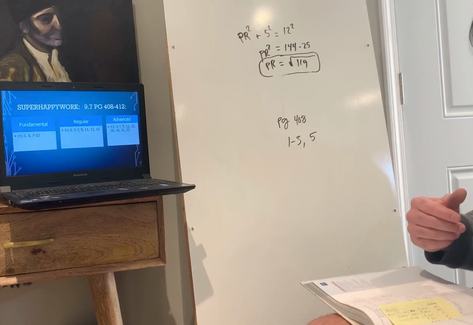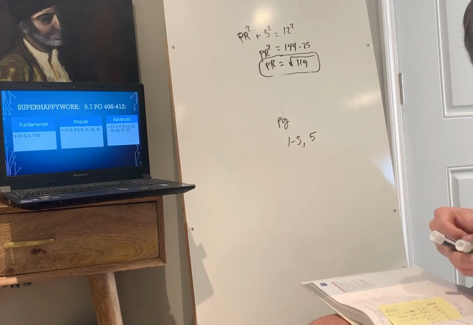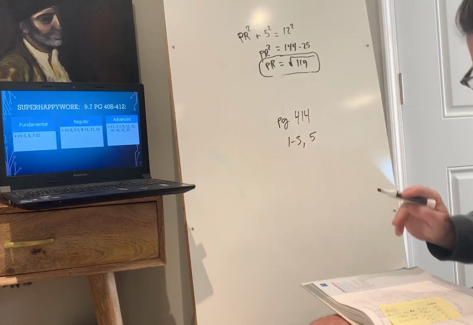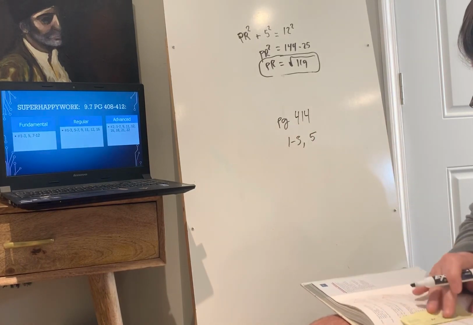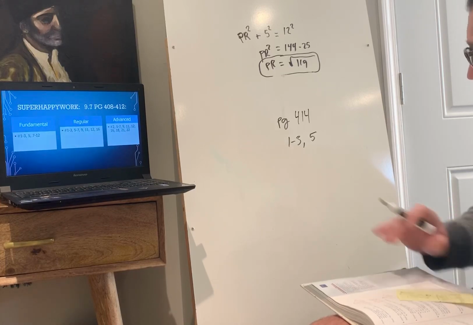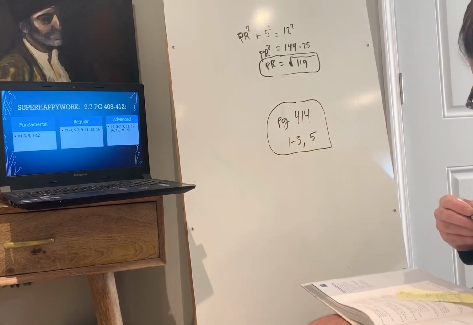Oh, sorry, it's actually page 414. Page 414. Let's do 1 through 3 and 5, and that's it. 1 through 3 and 5.